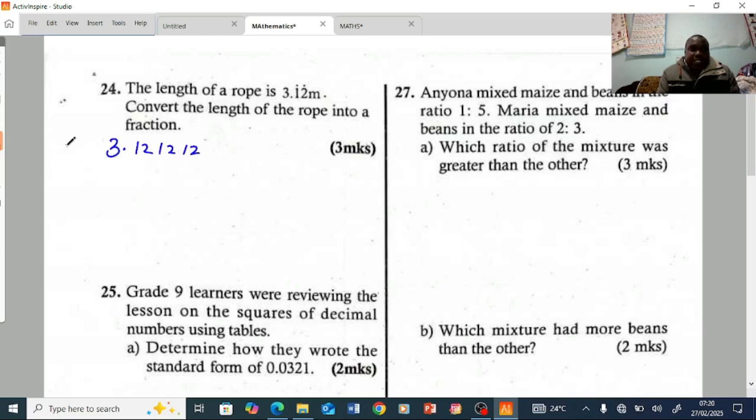So let R be equal to 3.12, the recurring number. Then 10R will be equal to 31.2121.